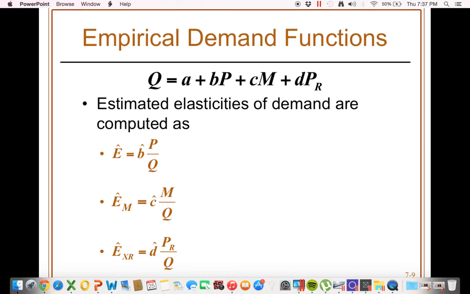And in order to get the elasticity, all you need to do to that slope is multiply it by P over Q. To get the elasticity of M, all you need to do is take that slope C and multiply it by M over Q. And for D, to get the elasticity of D, all you need to do is take that D and multiply it by PR over Q. Just like we did in the last chapter, in chapter 6. It's just extending that theory on.